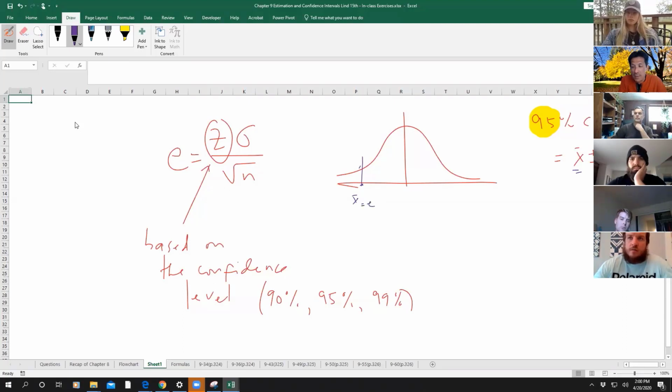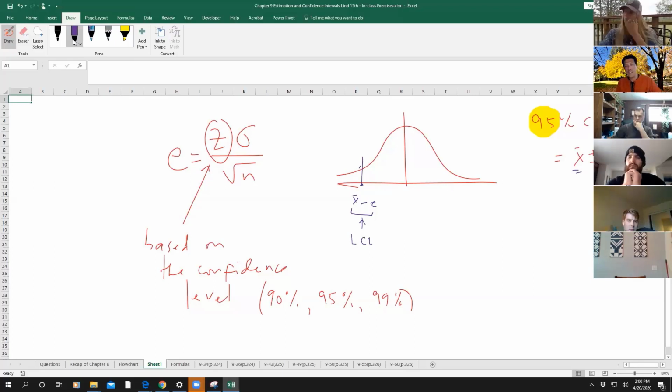is what is known as, let me clean this up a little bit so it doesn't look like an equal sign, X bar minus E. Now this is what we call the lower confidence limit. I just added this one letter there, that means lower.